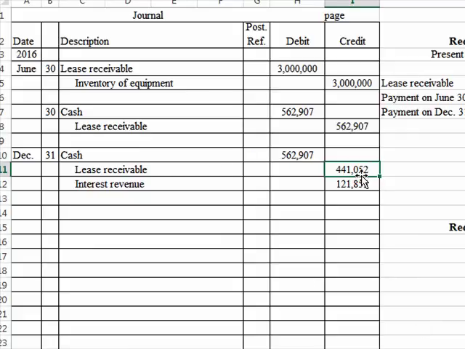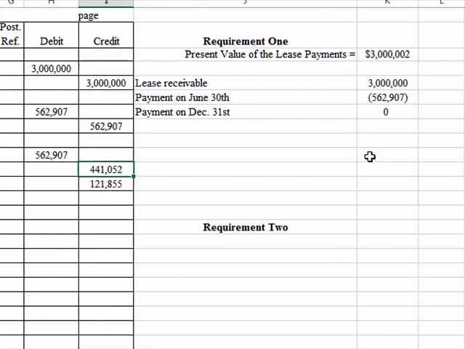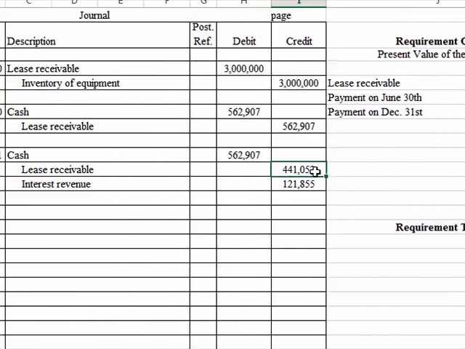Credits reduce the balance of an asset account. So we're going to say minus the credit to lease receivable here, $441,052. Anyway, I don't know why I didn't catch that earlier. Sorry for that. I could start the video over, but I don't believe I will. I think you guys will be alright.